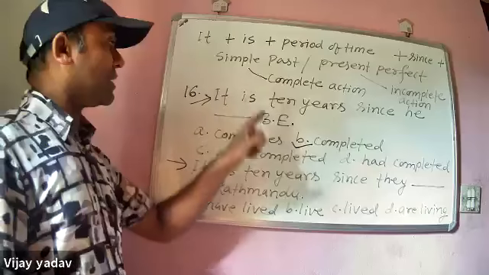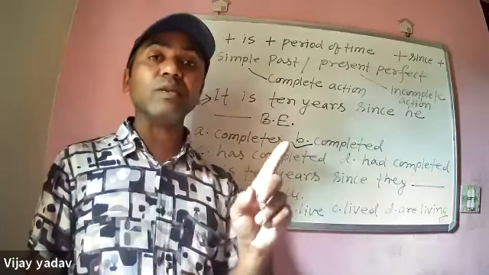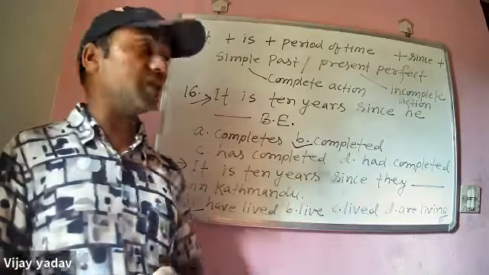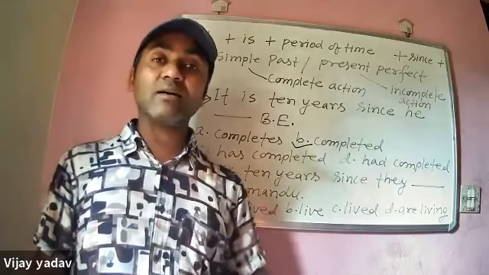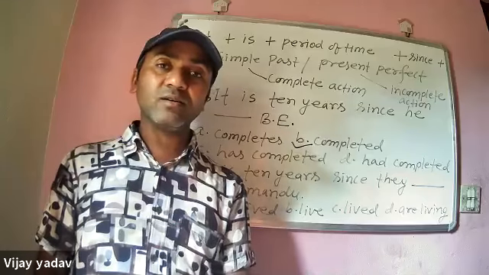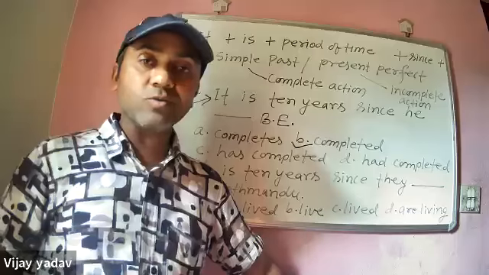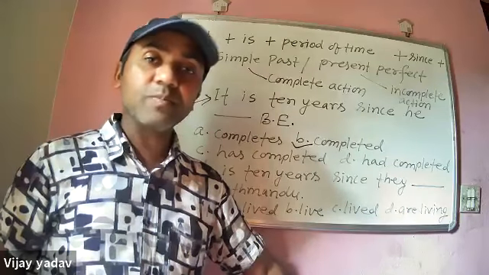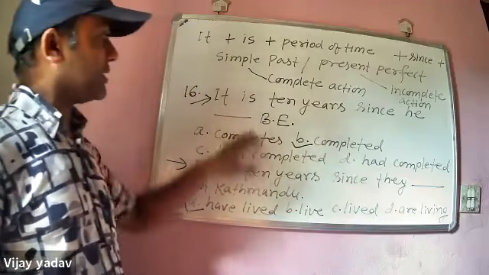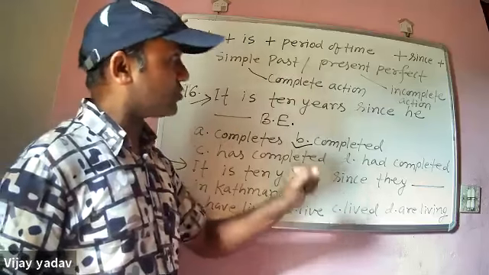Here, you can't write it is 10 years since he has completed BE. If you write that, it means he has completed BE for 10 years, which means still completing. So here it refers to complete action, that's why simple past. It refers to incomplete action, that's why present perfect.